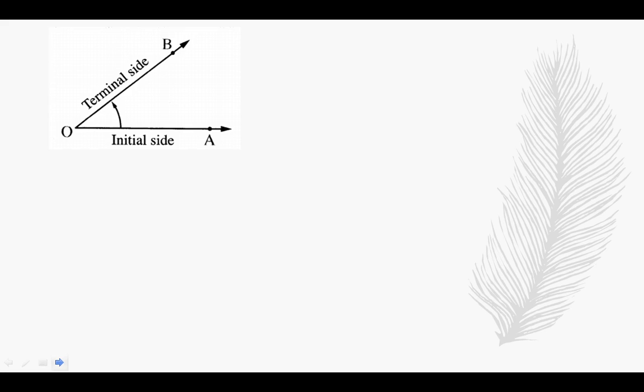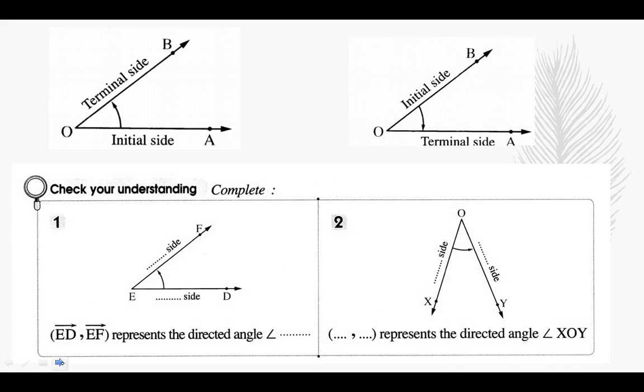Here you can see that in figure 1, OA is the initial side, OB is the terminal side, and you should take care of the direction of the arrow.